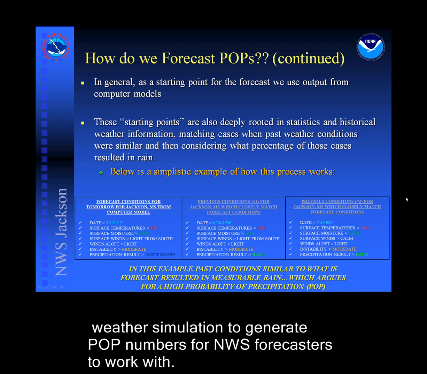The chart on the bottom left shows simulated atmospheric forecast conditions for Jackson, Mississippi for the next day. The next two charts show past situations where atmospheric conditions were similar to what is being forecast. Since rain resulted with both of these past conditions, it argues for a high POP in this forecast case.